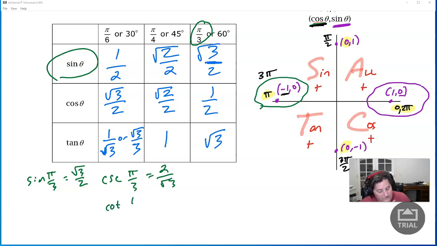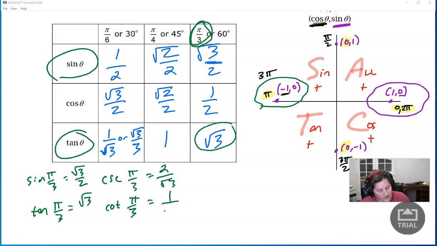And then I need to know cotangent of pi over 3. Well, cotangent, you guys, is the reciprocal of tangent. If you forget, all these are on that trig identities page I gave you, right? So this is tangent of pi over 3. Again, from my chart, tangent of pi over 3 is root 3. So this is 1 over root 3. Okay? So cosecant is 2 over root 3.